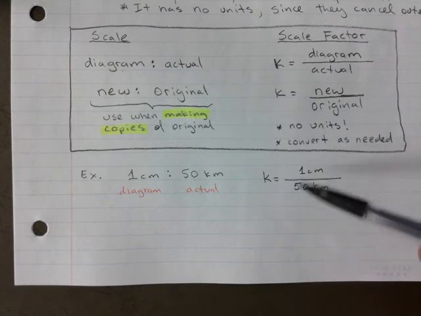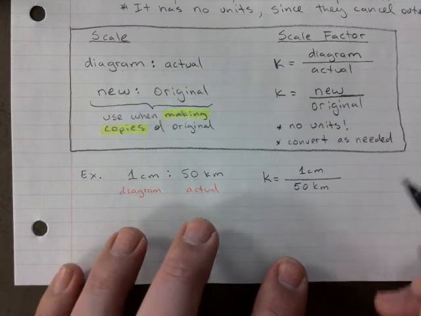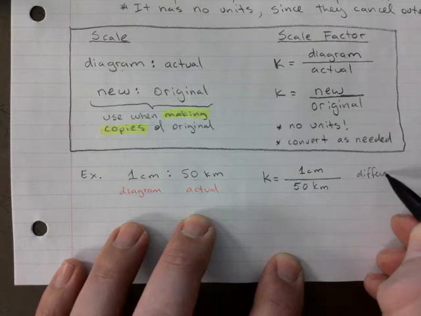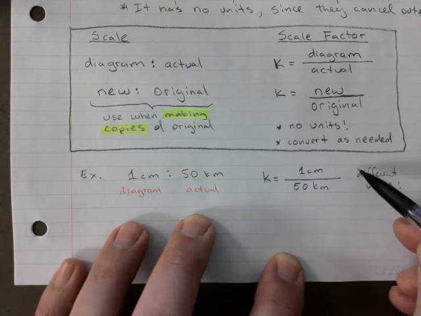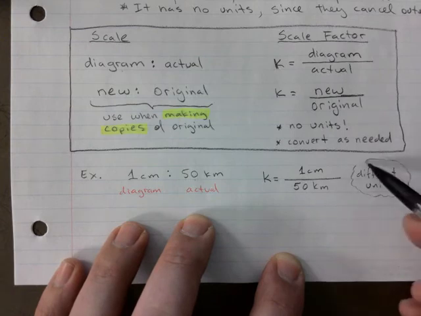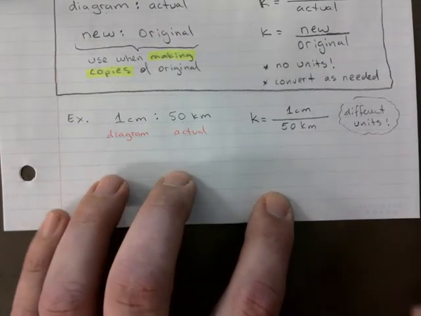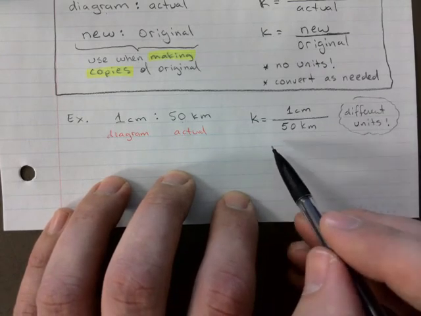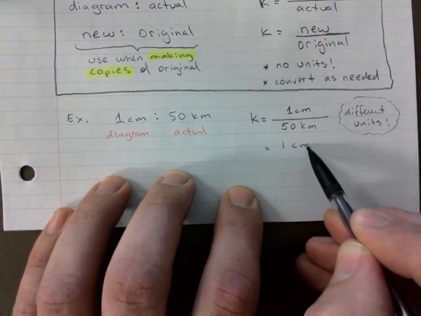You cannot have units. This would be wrong to put it that way. So we need to convert different units. So I need to have everything in centimeters in this case.